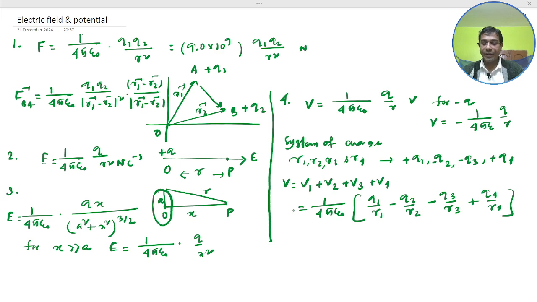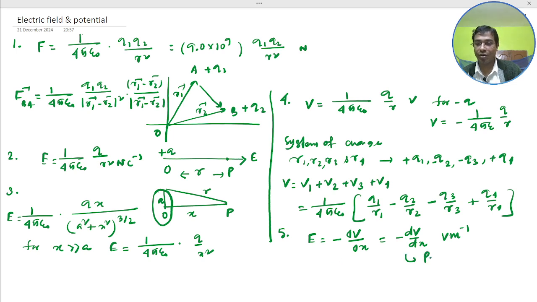Now, the relation between electric field and potential gradient. Electric field E equals minus del V del x, also written as minus dV dx, in volt per meter, and dV dx is called the potential gradient.